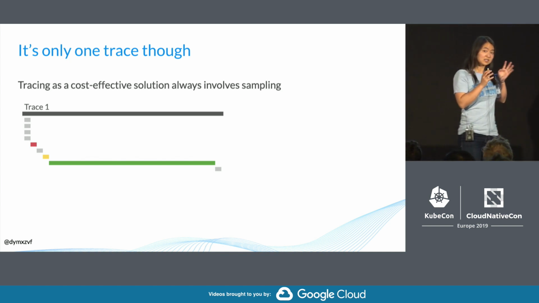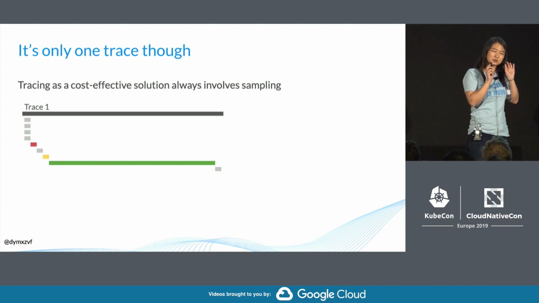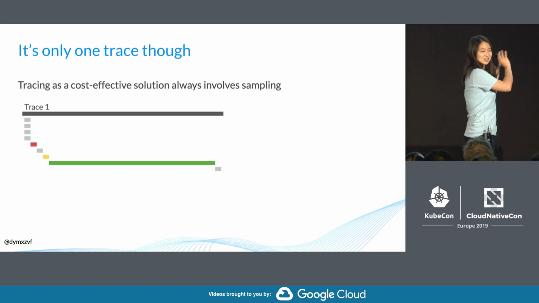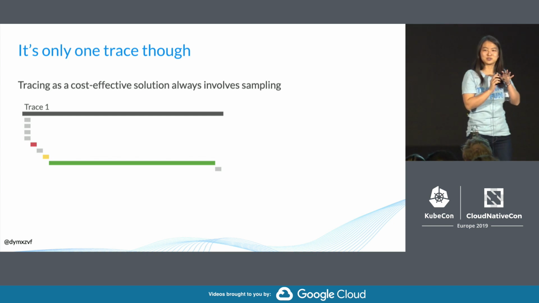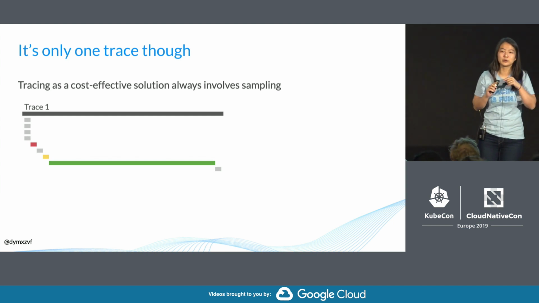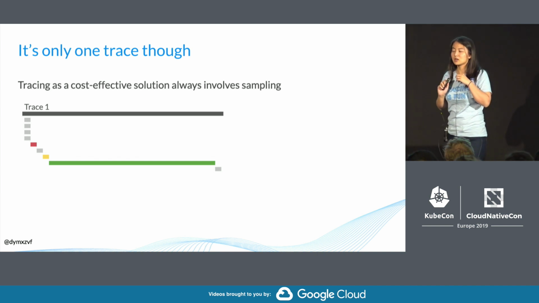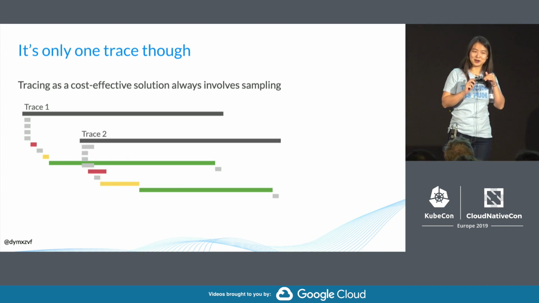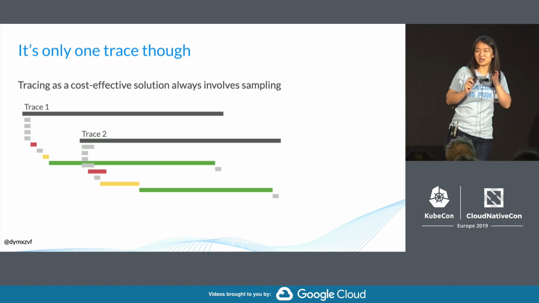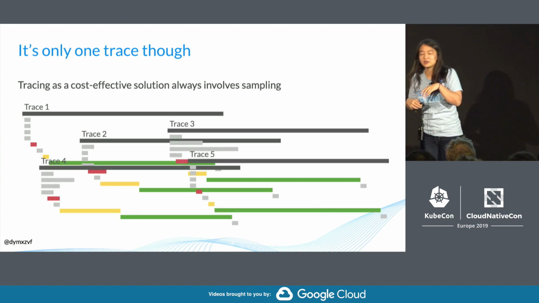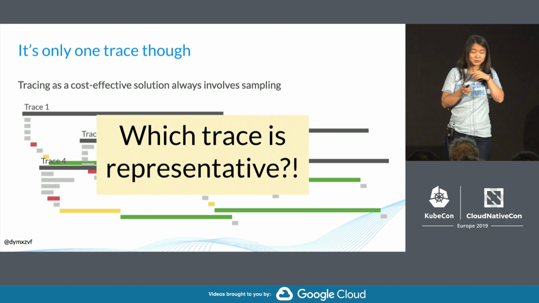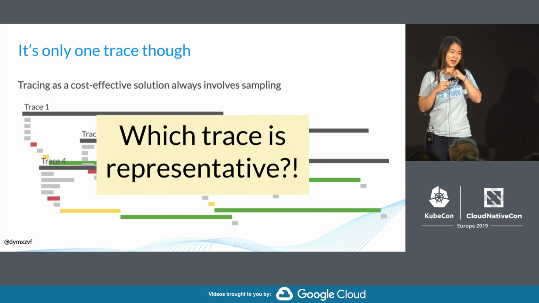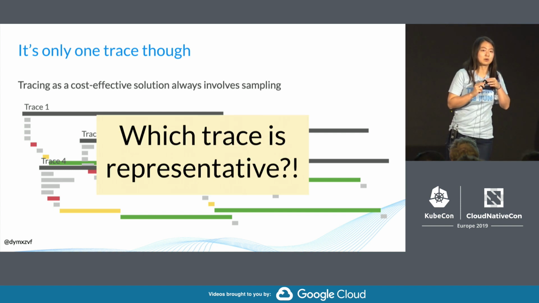Okay, so that's just one trace, though. And if you squint your eyes a little bit, this is sort of the shape of many traces you see, kind of a waterfall-y view, a bunch of different spans. And then you look at another one, kind of similar, a little bit different, but the same transaction. And then another one, and then another one, and another one. Now, the problem here is how many do you look at? How do you know that your trace is representative?